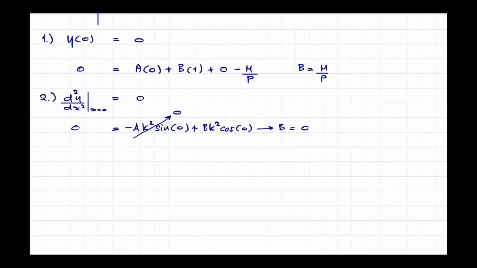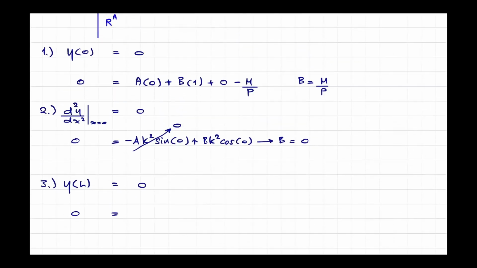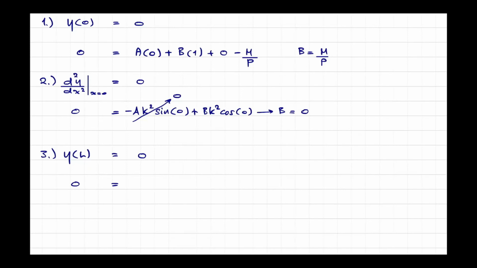Number 3, y at L is equal to 0. So 0 is equal to, okay, we are sure that b is equal to 0. So we have a sine kL plus RA L over P minus M over P, which is 0, right?